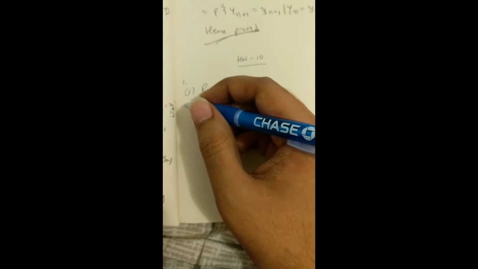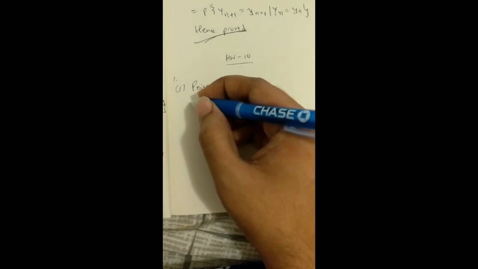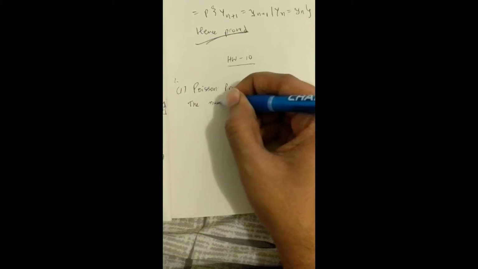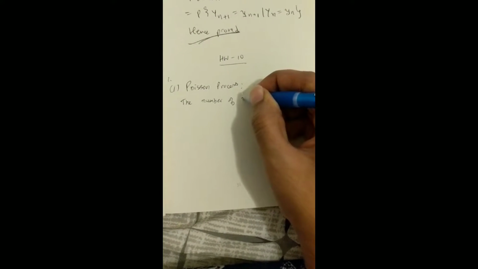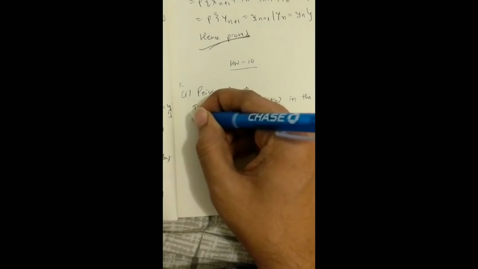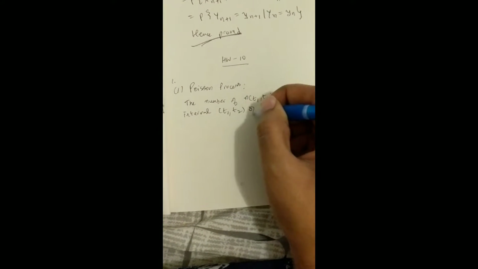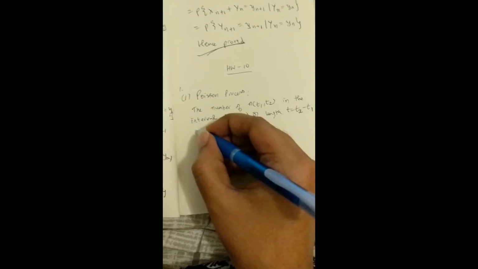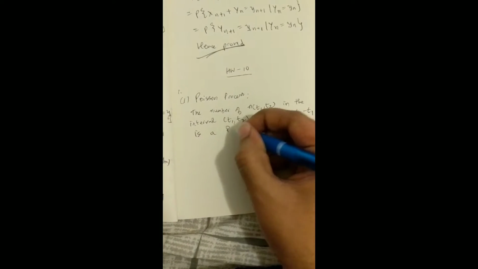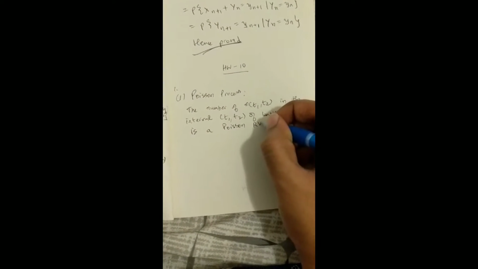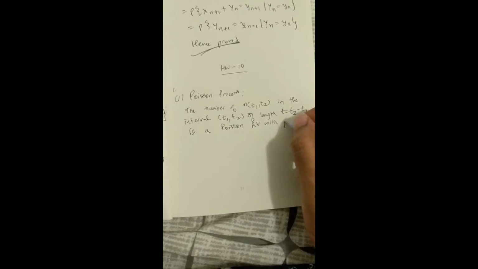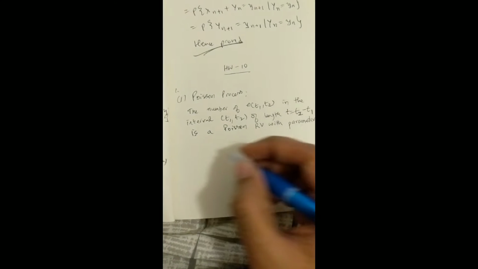We define the Poisson random variable as this: the number of points n of t1 comma t2 in the interval t1 comma t2 of length t equals t2 minus t1 is nothing but a Poisson random variable with parameter lambda t.